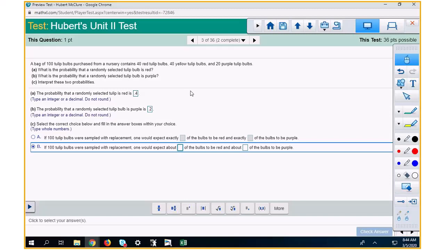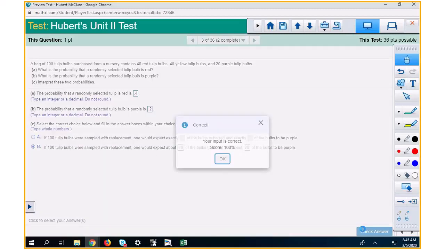When you see words like perfect, exact, or impossible, you need to say to yourself, I don't think that goes very well with statistics. So I would say about. Which one's red? 40. And how many purple? 20. I would say about would be the correct answer.